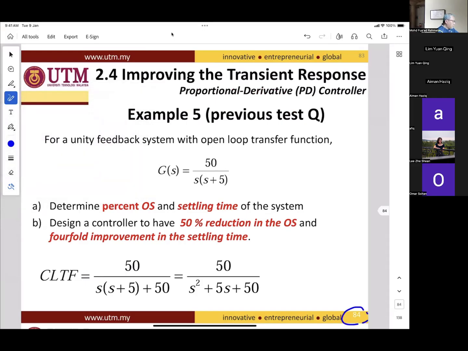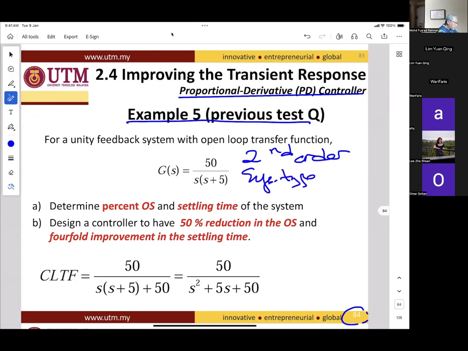Improving the transient response using a PD controller, proportional derivative controller. We are looking at example 5. For a unity feedback system with an open loop transfer function 50 over s plus 50 is given, where this is a second order system and the system type is 1.